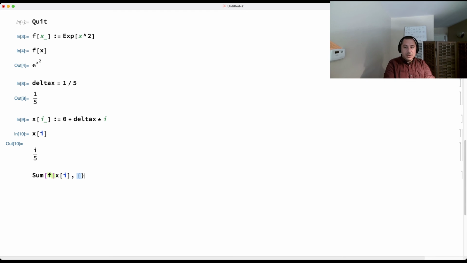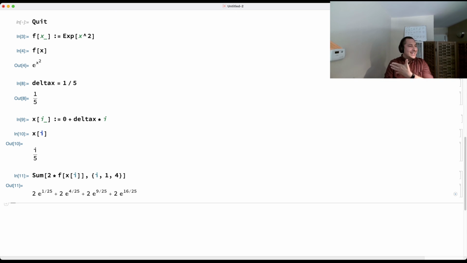Then we can do 2 times these. Which ones actually need to be doubled? Right, that's from 1 to 4. Do you see how instead of writing out 2 times f of x1, 2 times f of x2, 2 times f of x3, 2 times f of x4, you just do this? And look, it's there for you.